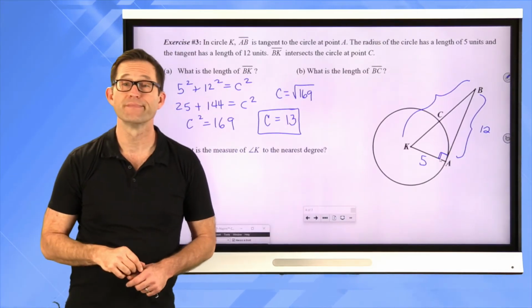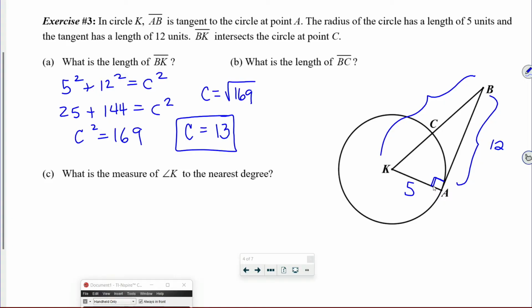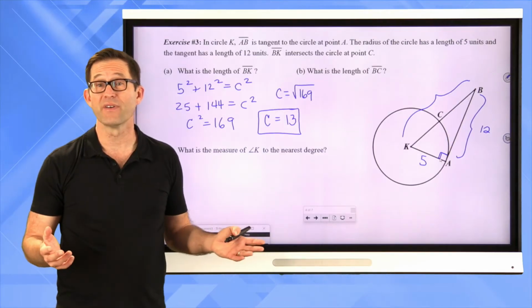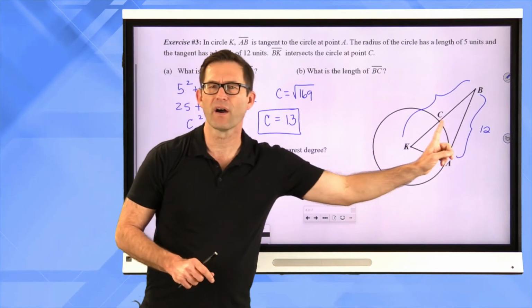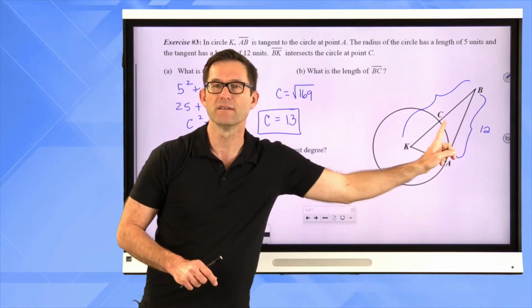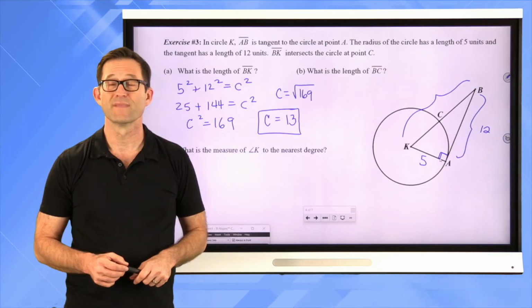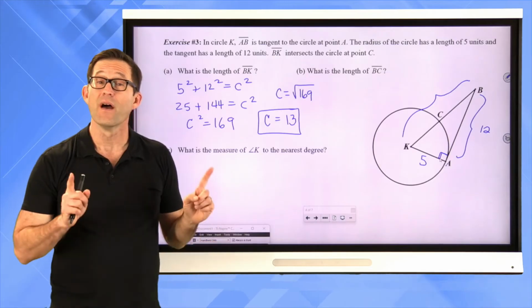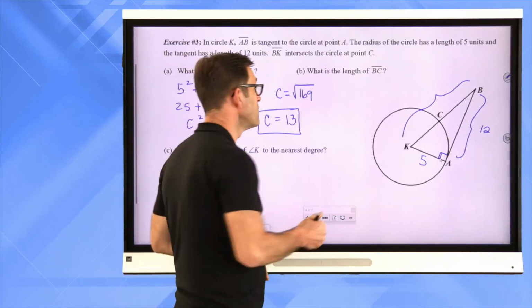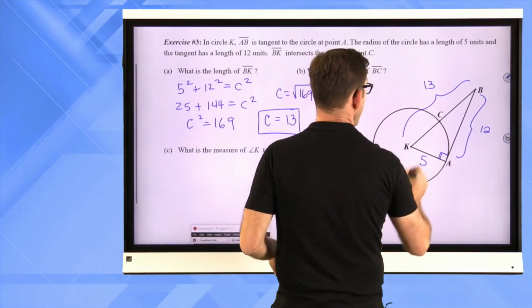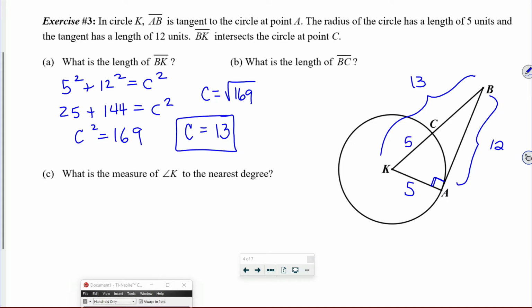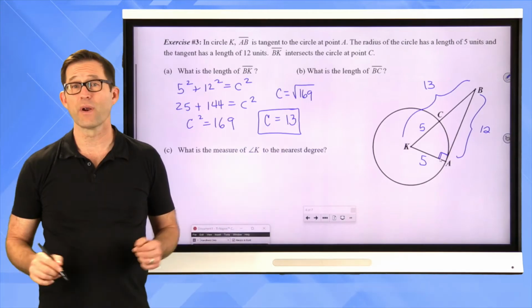All right. Letter B, what is the length of BC? Well, pause the video and see if you can figure out how to find the length of BC. Take a moment. All right, well, it's easy enough. The plain fact is we know that BK now is 13, and we also know that KC is equal to 5 because it's a radius.